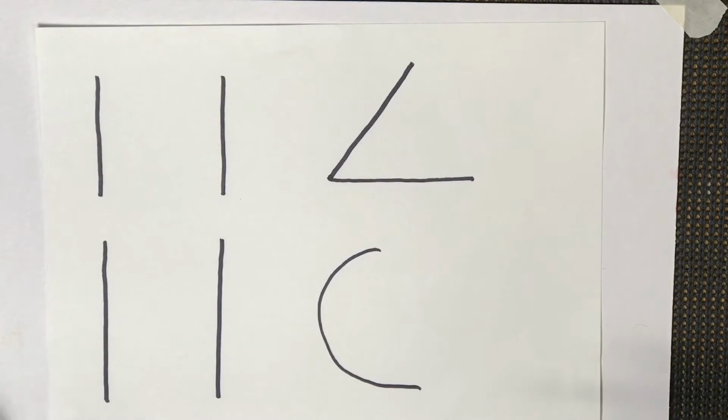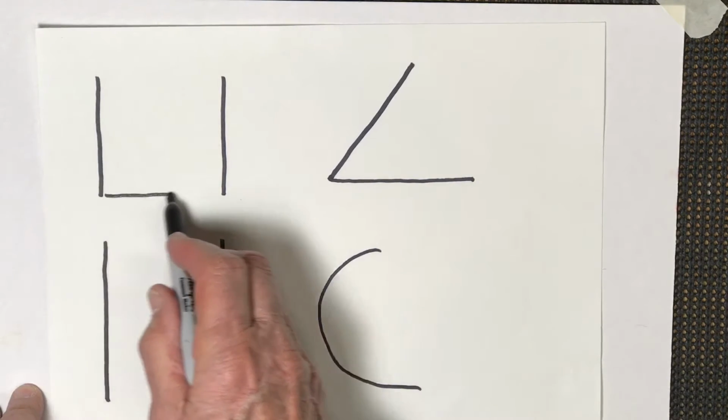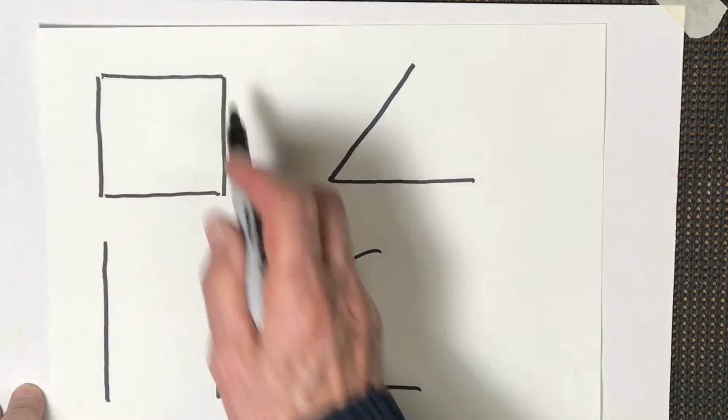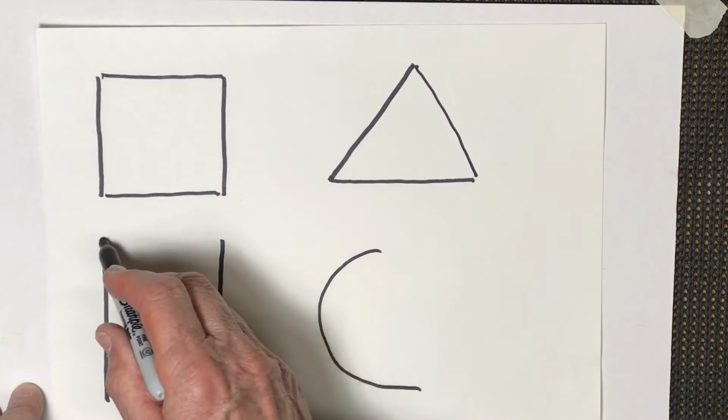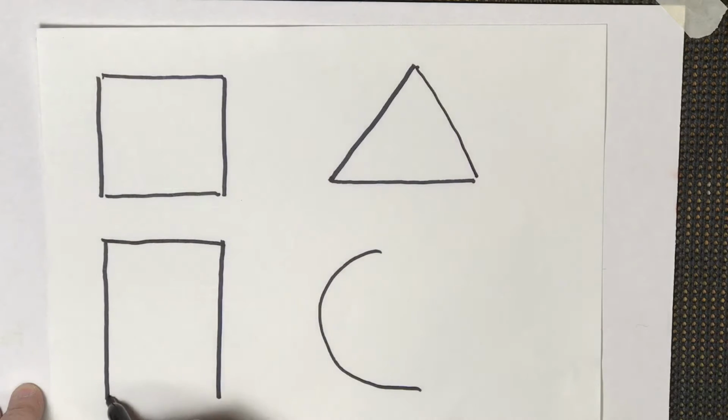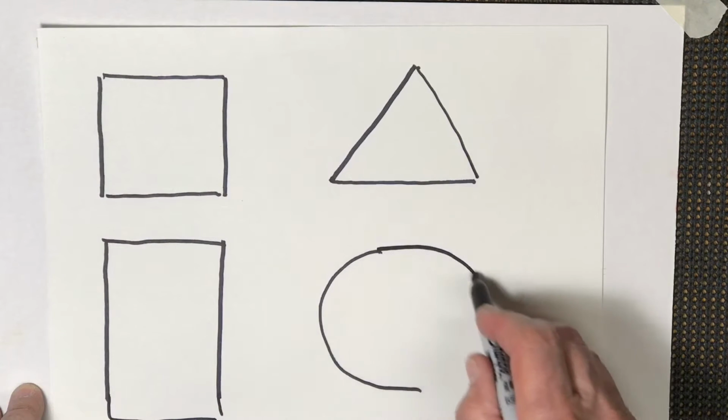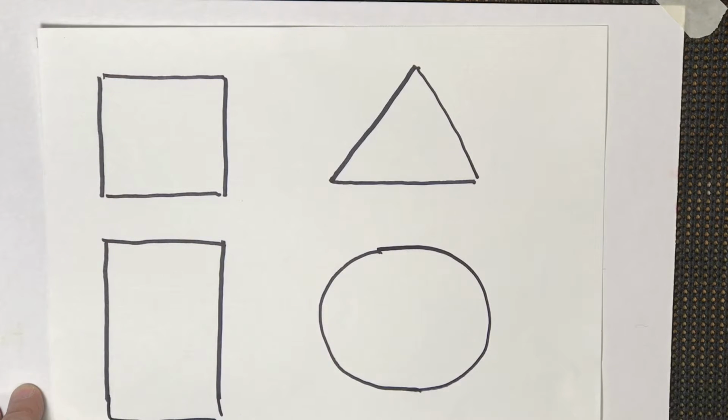Well, here's some straight lines, or reasonably straight. And so what do we see here? Well, we see the beginning of a square, maybe a triangle, maybe a rectangle, and maybe a circle.